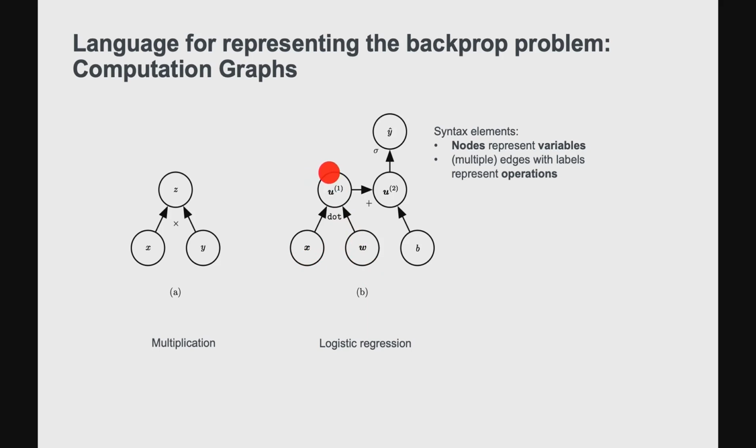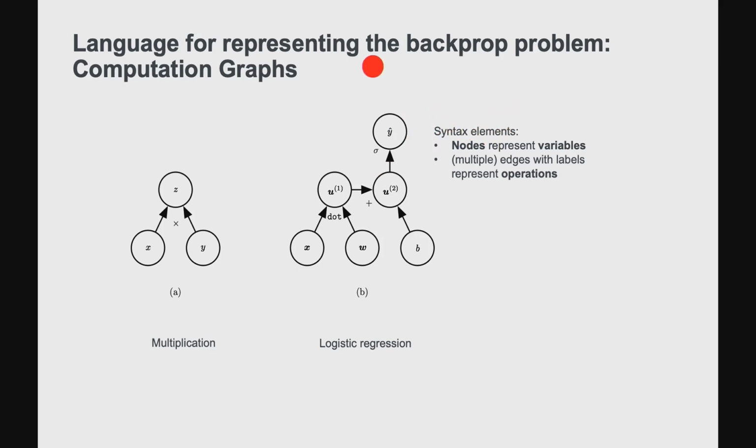This gives me U1. By the way, these are all vectors in the general case. Then I have some offset, some bias, that I add to this product to get U2. And then I apply the activation function sigma to get my prediction of the logistic regression, which says probability for the one class versus probability for the other class.